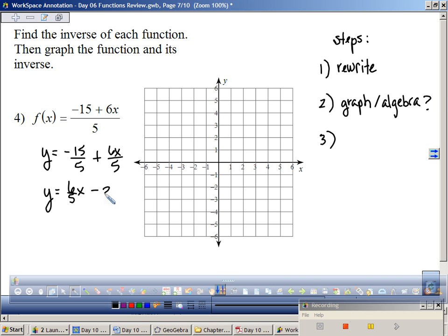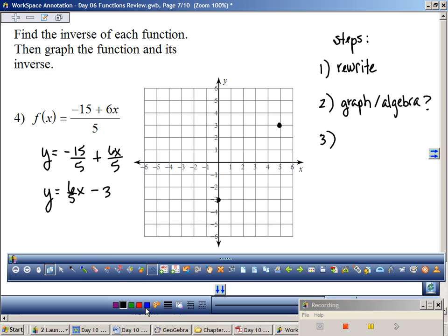Minus what? 15 over 5 is negative 3. Now I can graph that easily, correct? Just go shift down 3, up 6 over 5. 1, 2, 3, 4, 5, 6. 1, 2, 3, 4, 5. There's my first line. Let's make it blue.